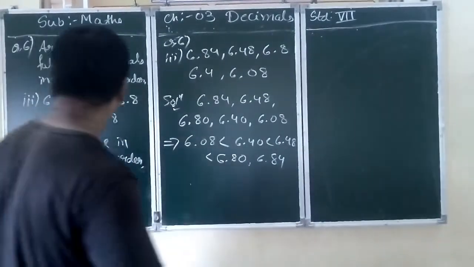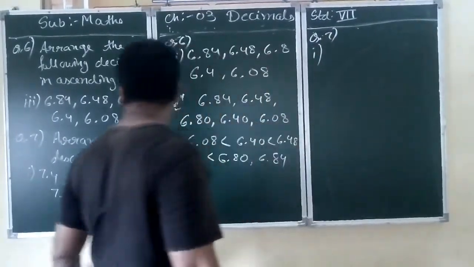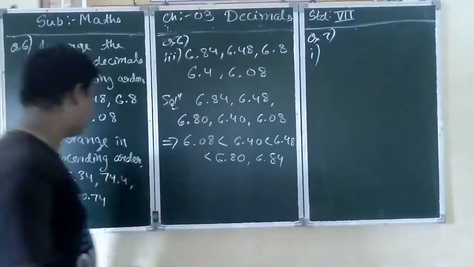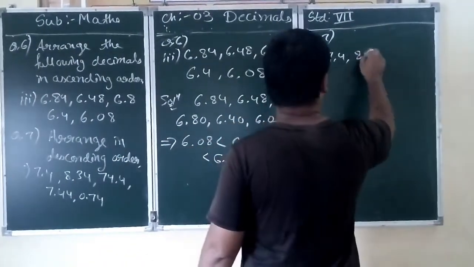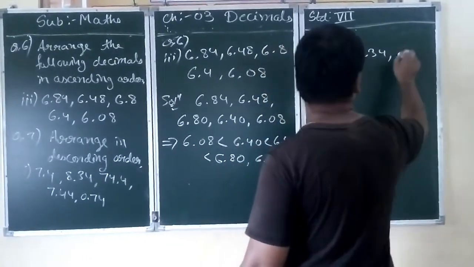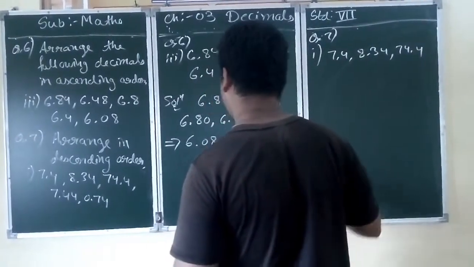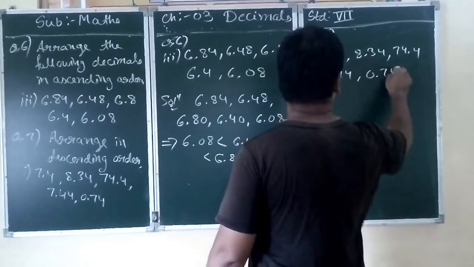Now see question number 7 first. Arrange in descending order. Descending order means greater to smaller. The numbers are 7.4, 8.34, 74.4, 7.44, 0.74.